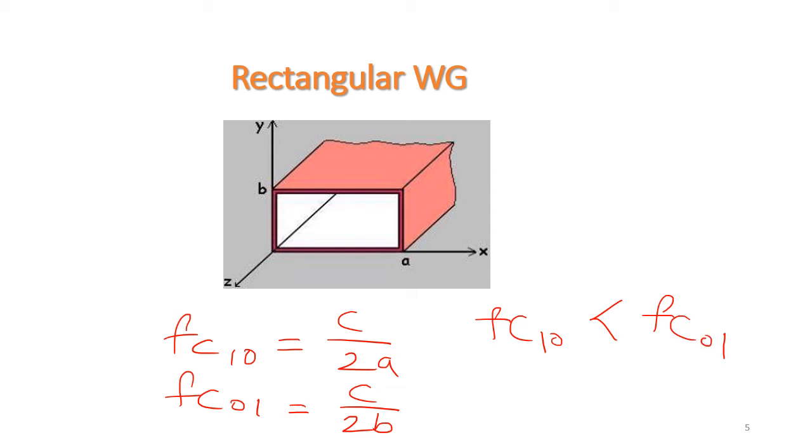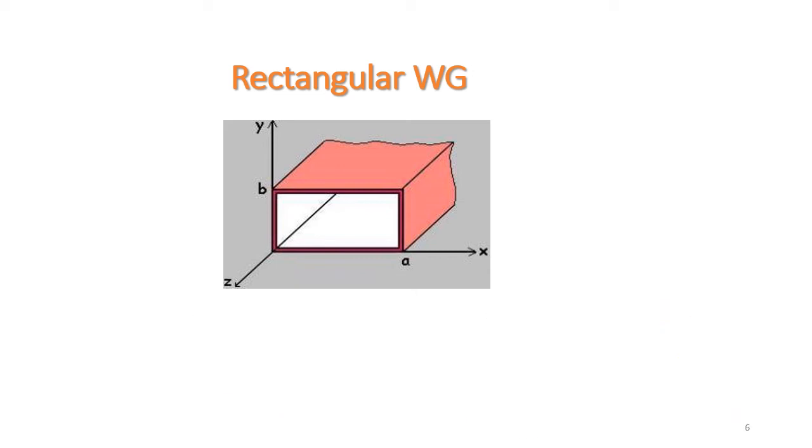So we can say that out of these two modes, the fc10 mode has the lowest cutoff frequency. This cutoff frequency resembles the TE10 mode, and the other resembles the TE01 mode. If you compare the TE10 mode and the TE01 mode, TE10 has the lowest cutoff frequency fc10. So out of these two modes, TE10 is the dominant mode.